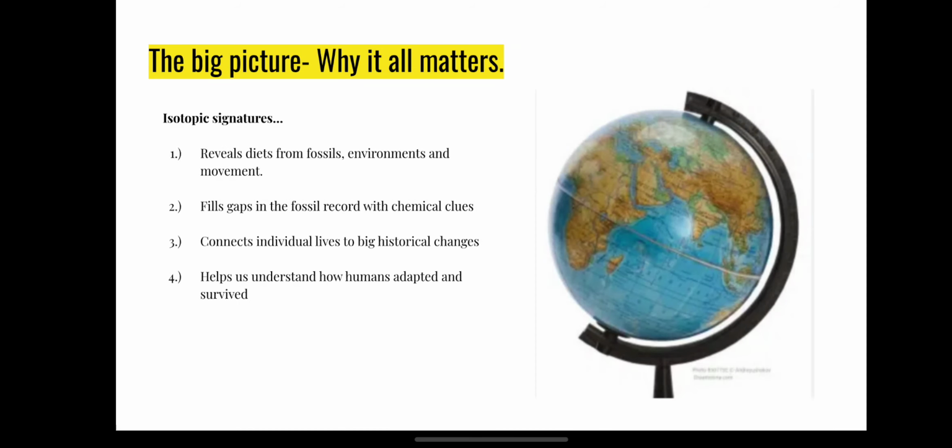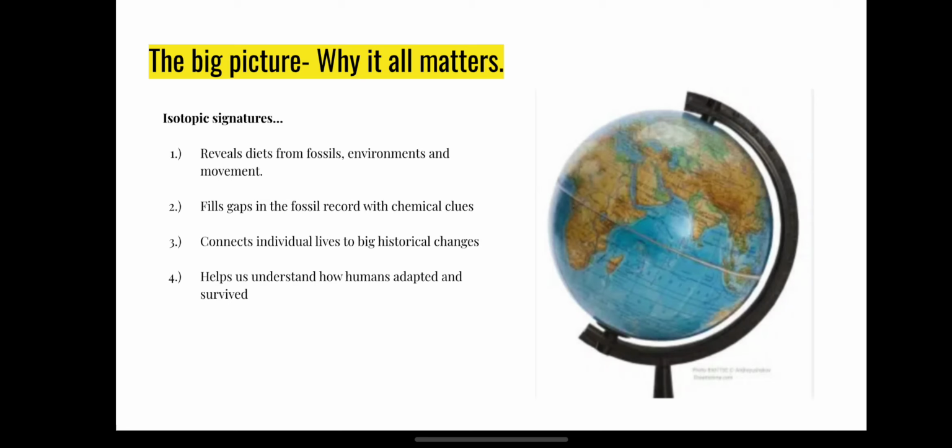So why does any of this matter? Why should we care about isotopic signatures in teeth and bones? Well, because they help us learn more about the past that we otherwise wouldn't know. Isotopes reveal what fossils ate, where they lived, and how they moved, even when we don't have any sort of records or artifacts.